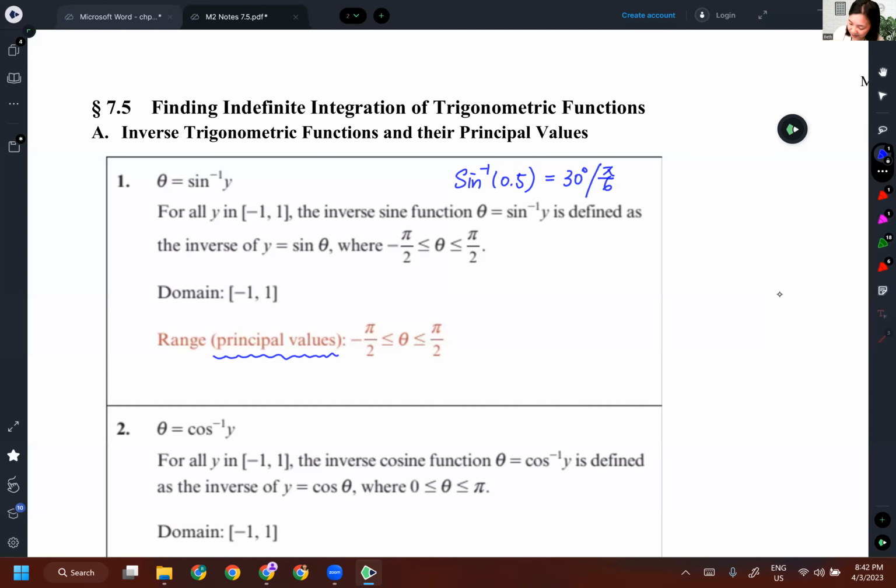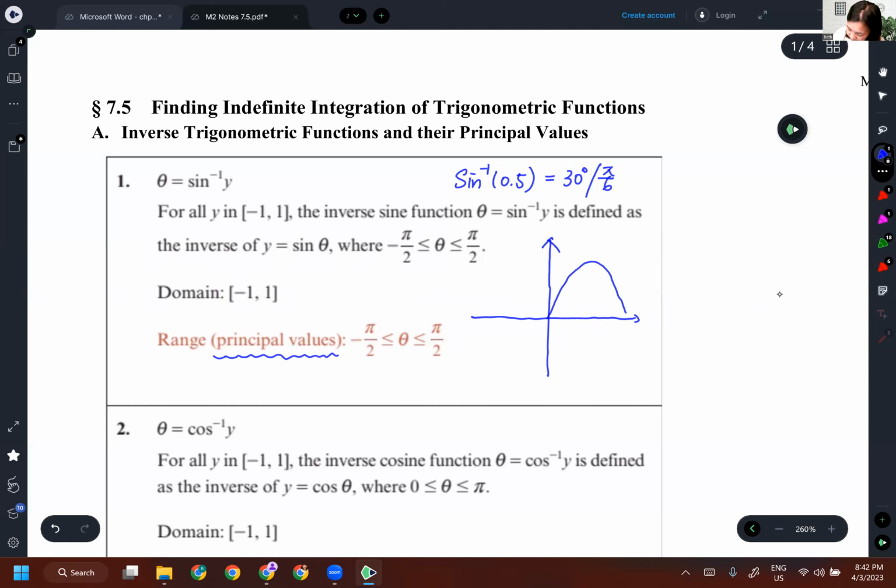Now this is based on the sine graph. In the sine graph, this is 90, and this is negative 90.